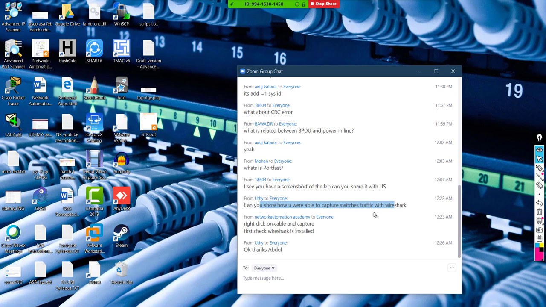If you remember, when you install the GNS client, it will ask for multiple things with lots of tick marks, right? And I always advise keep it as it is, don't untick anything. So one among them was Wireshark. These things will be installed along with your GNS. Yeah, so that was already disclosed.